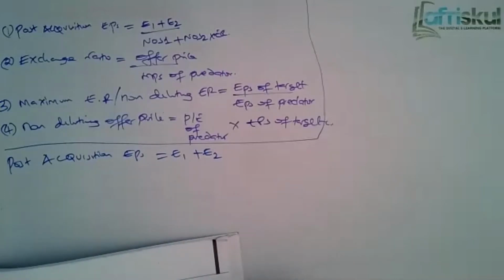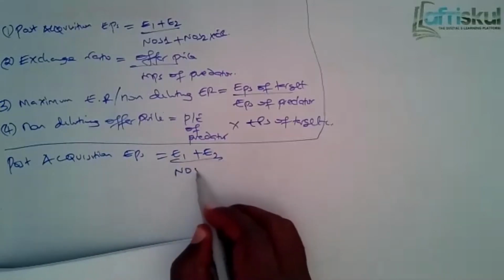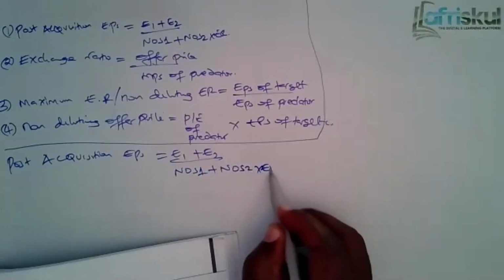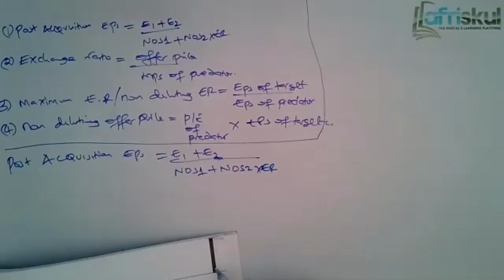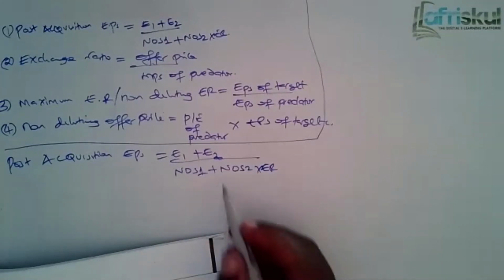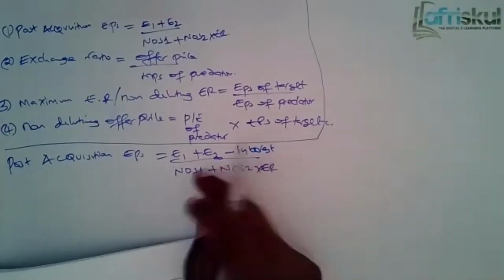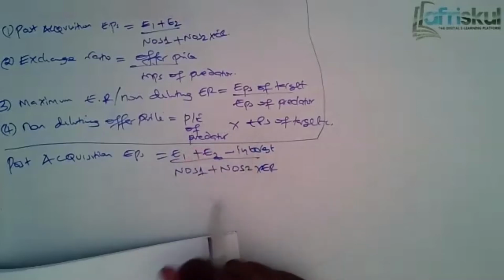2, all over number of shares of company 1 plus number of shares of company 2, but multiplied by the exchange ratio. Now this particular part is quite interesting because we have the issue of a loan being advanced to enable us to acquire the company. Whenever we take a loan, we have to pay interest, and interest will reduce our earnings.